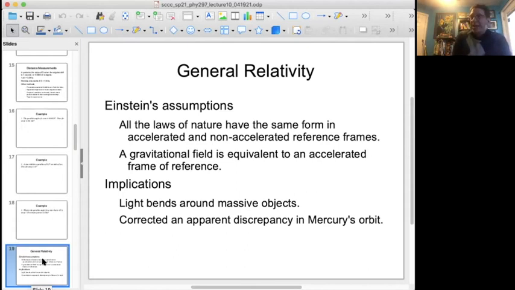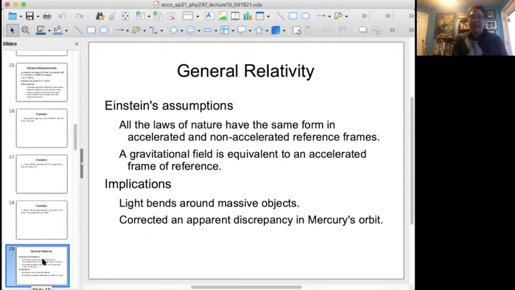Basically, we observe gravity the same way we would observe it if we were in an accelerated reference frame like an elevator or something like that. The properties of gravity are no different than the properties of being in an accelerating object, at least from the perspective of an observer. And so the implication is that light bends around massive objects.